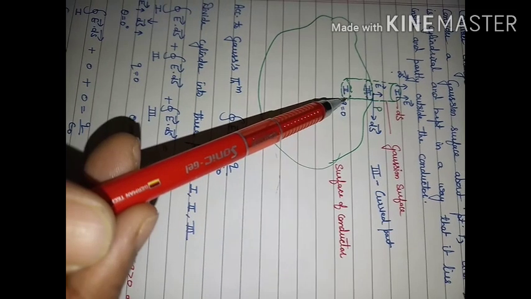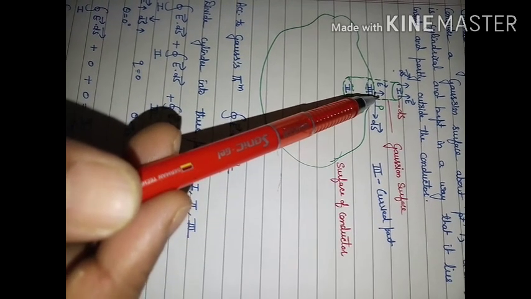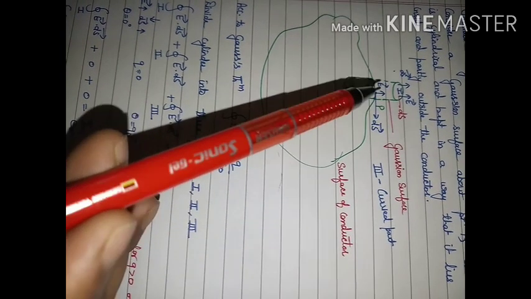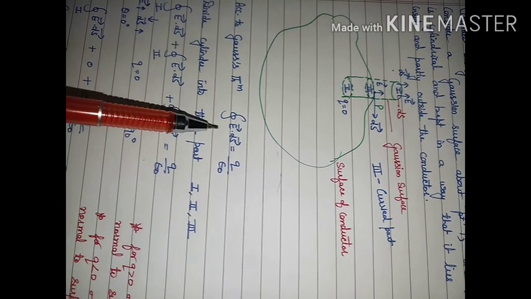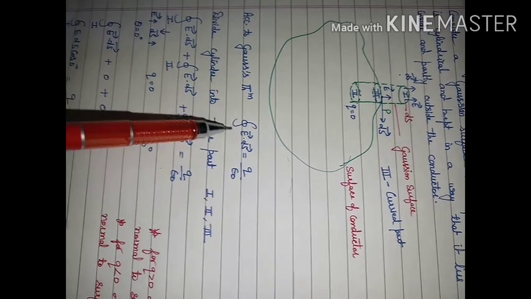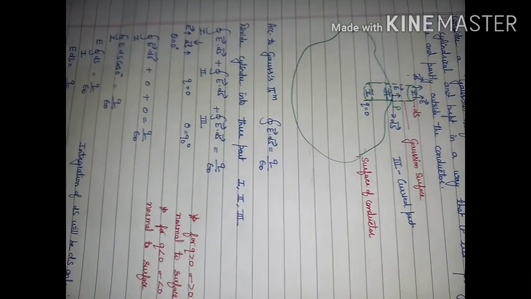Now we have to find the electric field relation, so we will use Gauss's theorem again. Surface integral of electric field intensity over a closed surface will be equal to Q by epsilon naught.